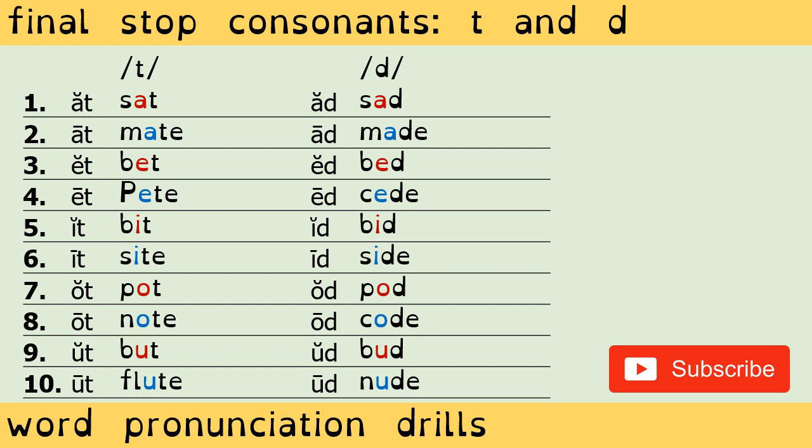5. It, bit, id, bid. 6. Ite, sight, I'd, side. 7. Ought, pot, odd, pod. 8. Oat, note, ode, code. 9.